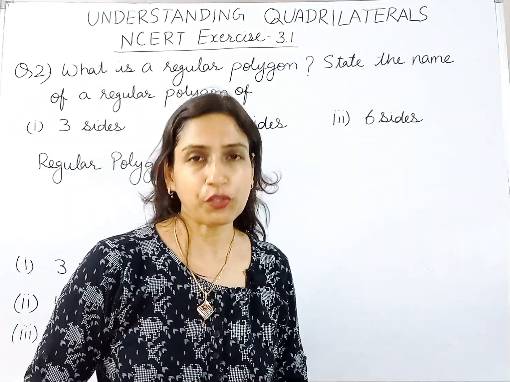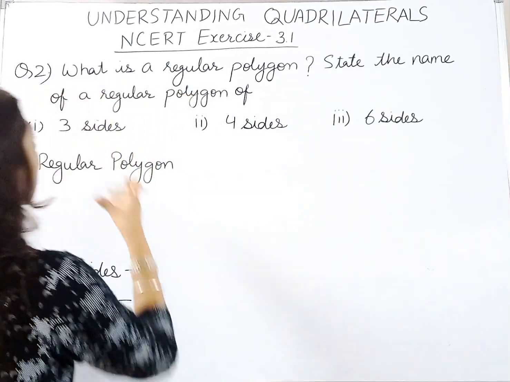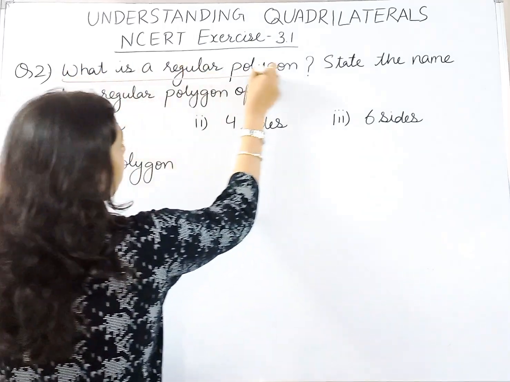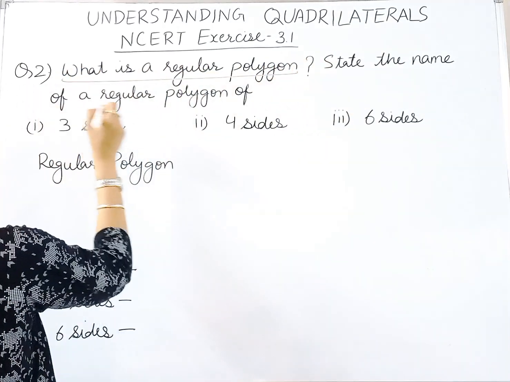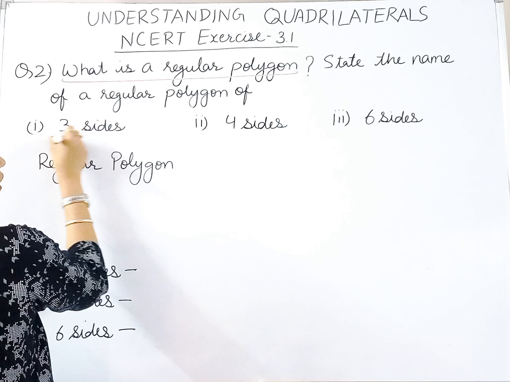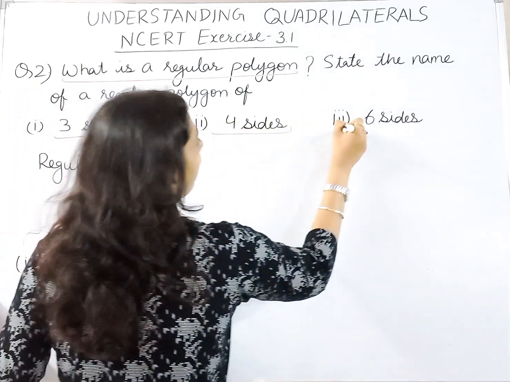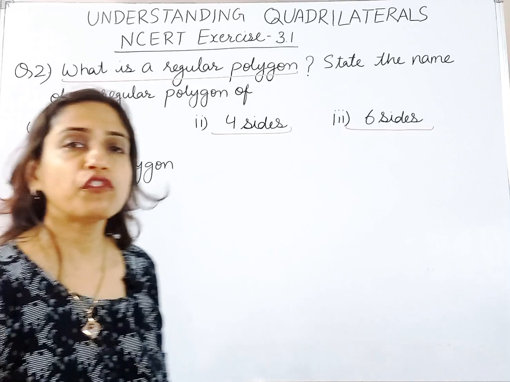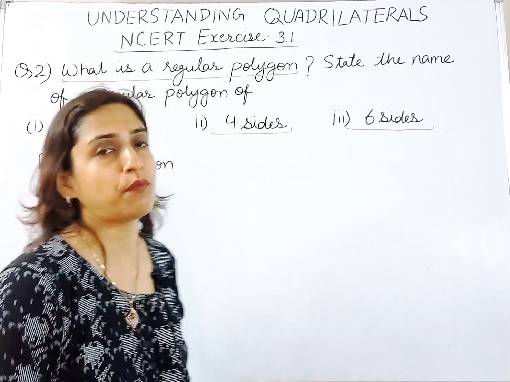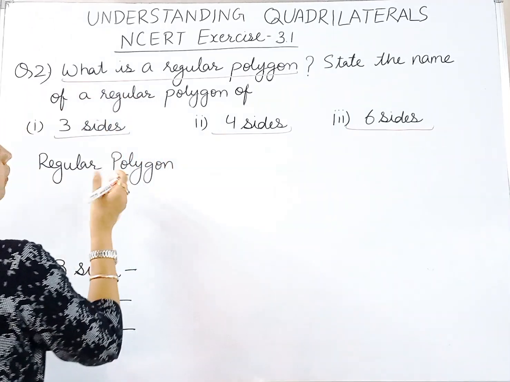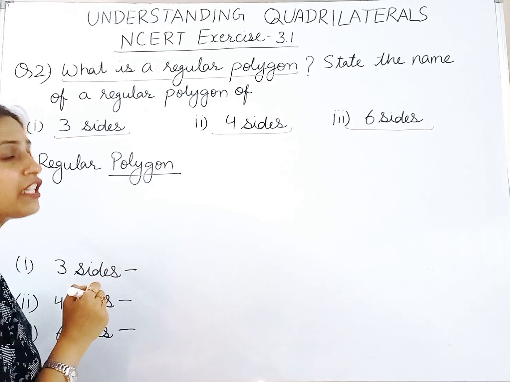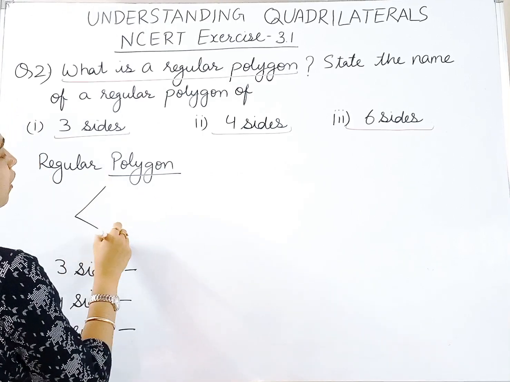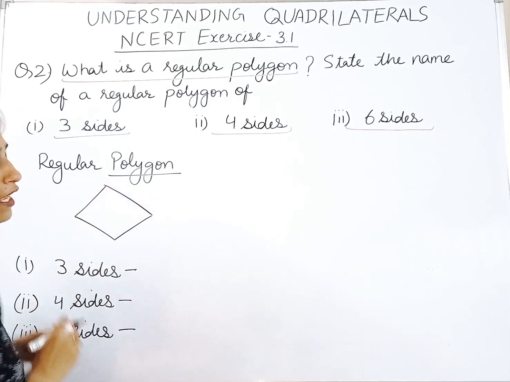Question number 2 of the exercise is, what is a regular polygon, and state the name of the regular polygon of 3 sides, 4 sides and 6 sides. So first of all, we have to tell what a regular polygon is. What is a polygon? A polygon is any closed figure which is made up of only line segments.